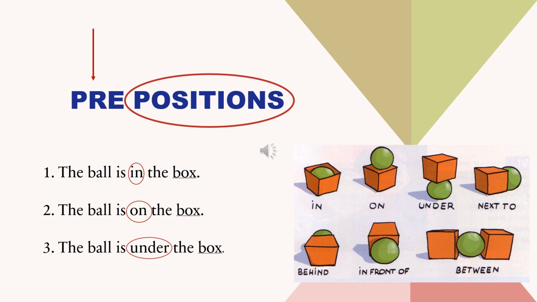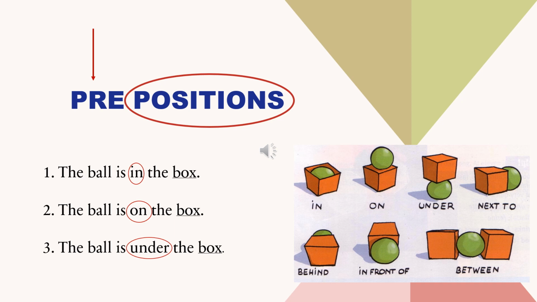Like where is the ball? In reference to the box, whether it is in the box or on the box. So the box is its actual position, and the word preposition like in, on, under, next to will come before the word box, before the actual position of the ball.